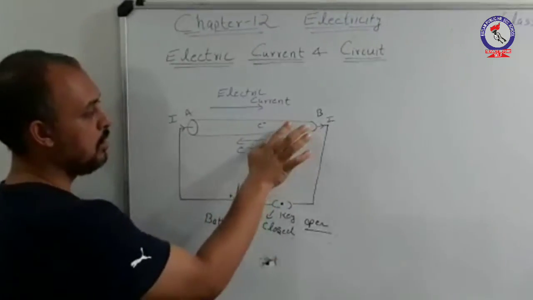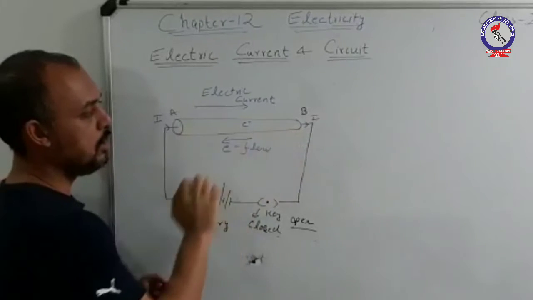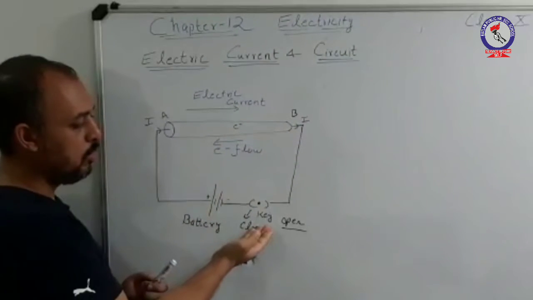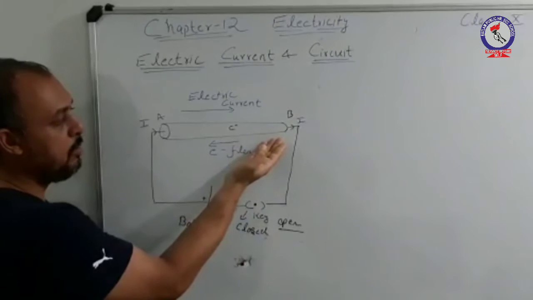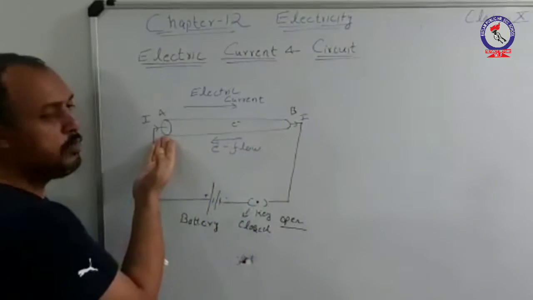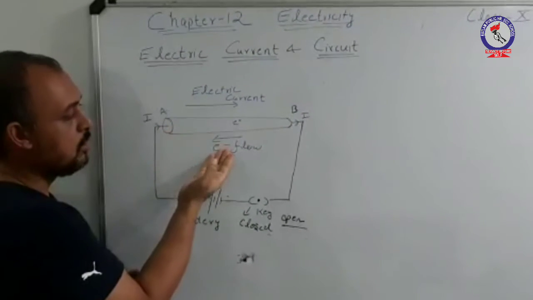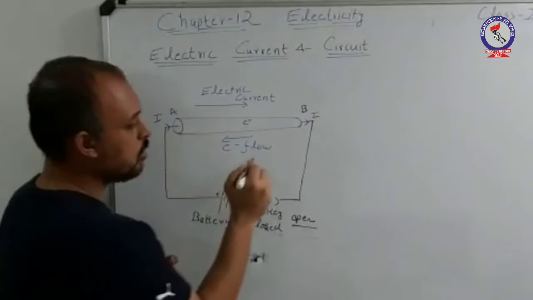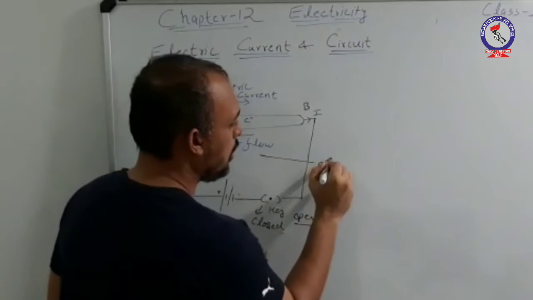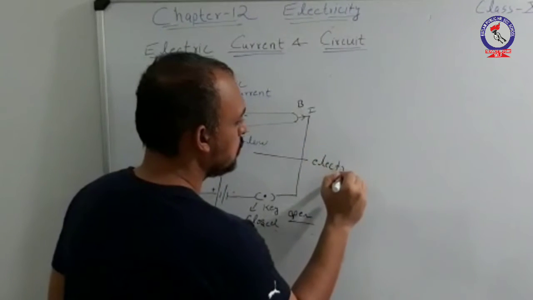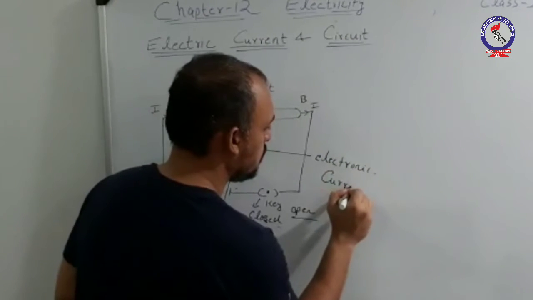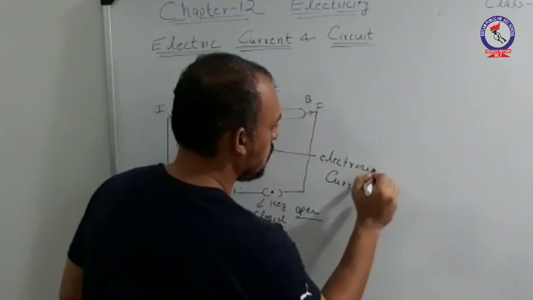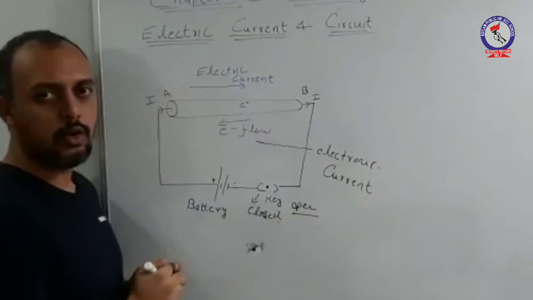Let us imagine there are a large number of electrons in this conductor. On closing this key K, all the electrons from this end B will start moving towards end A. This electron flow will constitute a current. We call it electronic current.